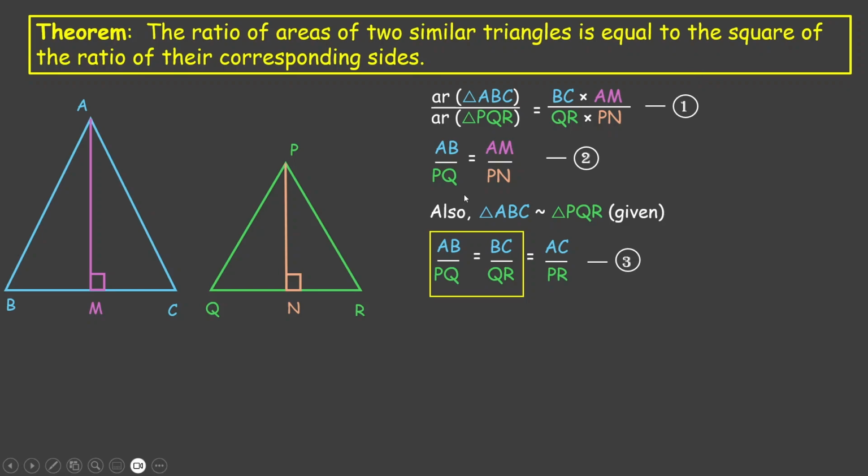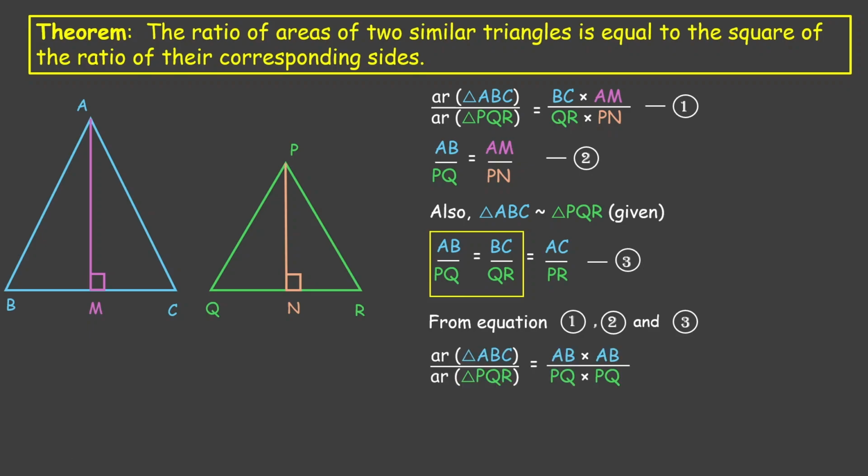Now if you look over here, AM upon PN is equal to AB upon PQ. I can substitute it over here. I can write AB upon PQ here. Similarly, in place of BC upon QR, I can write AB upon PQ. So from equations 1, 2 and 3, what we get is that the ratio of areas is equal to AB upon PQ into AB upon PQ.